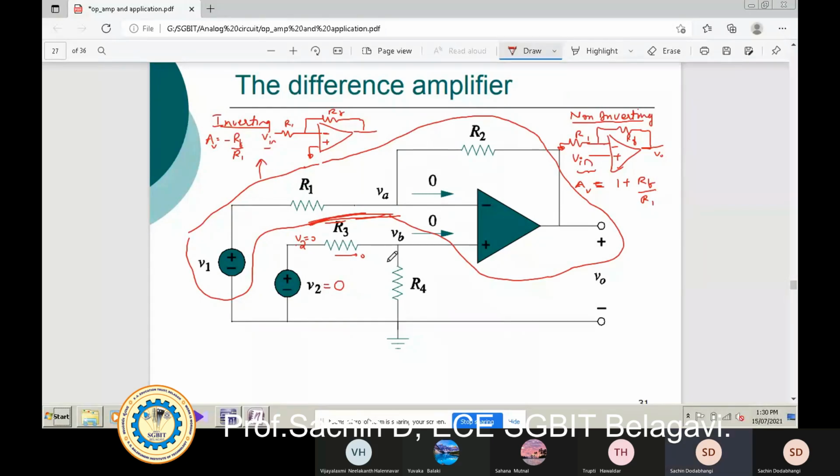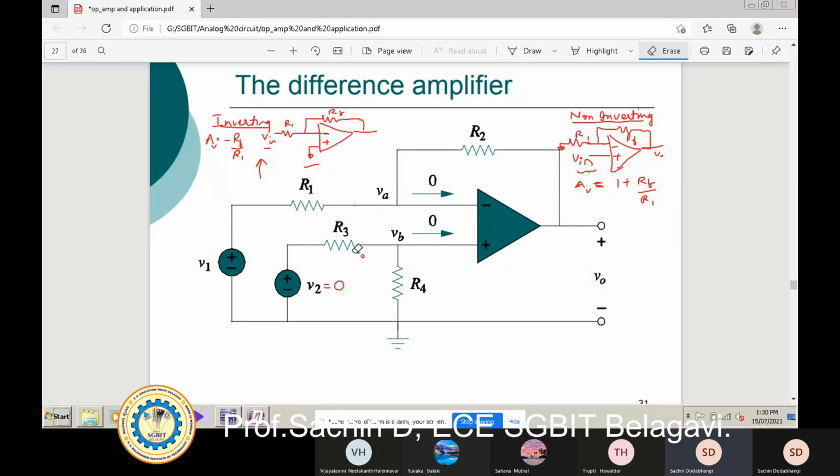Suppose I take V1 to be 0, and I am applying input voltage V2. So V1 is equal to 0, this is 0, and I am applying V2.